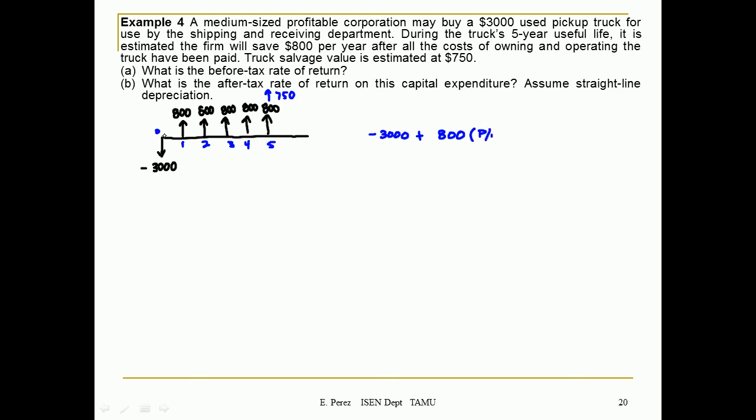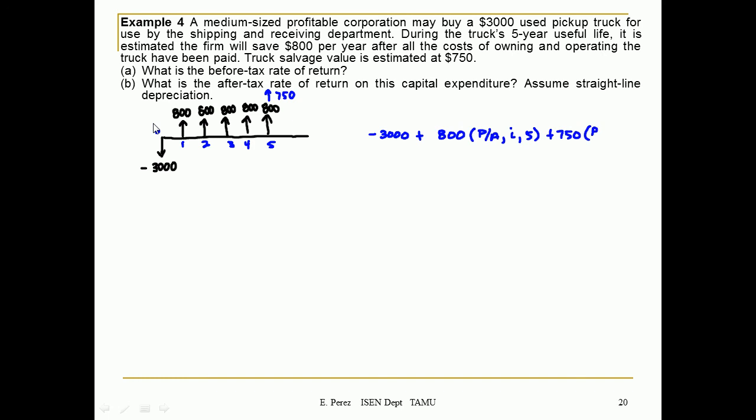We're going to bring that to the present, so we use a P given A factor. The interest rate is unknown, and this is a 5-year investment, plus the salvage value.